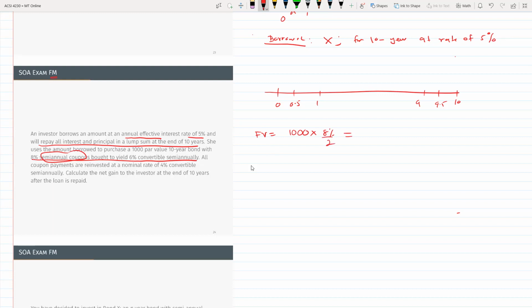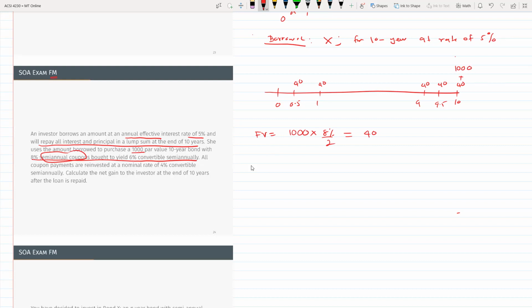So you can see that's going to be 40. And the redemption amount is going to be 1,000. Okay, so there's no specific mention about a different redemption amount.